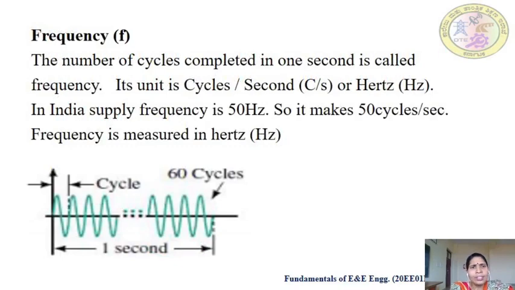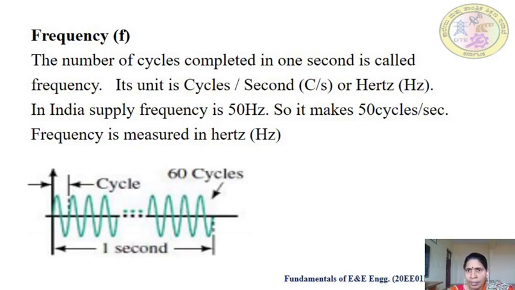Next definition is frequency. The number of cycles completed by an alternating quantity in 1 second is called frequency. It is measured in cycles per second, or commonly called hertz. In India, the electricity is generated at a frequency of 50 hertz.